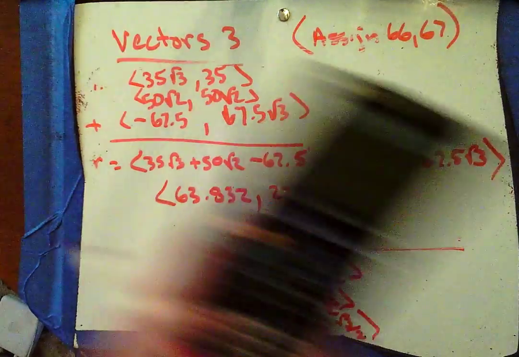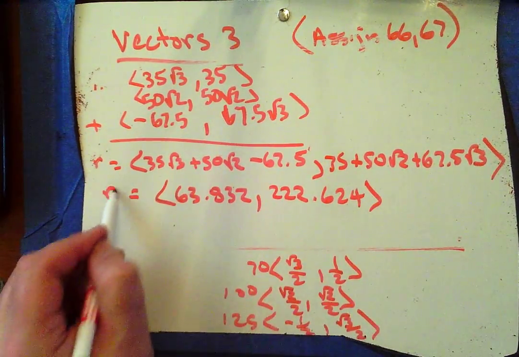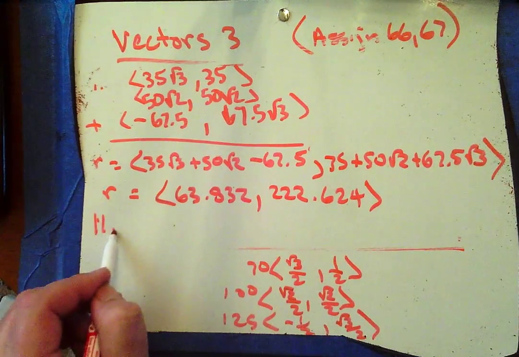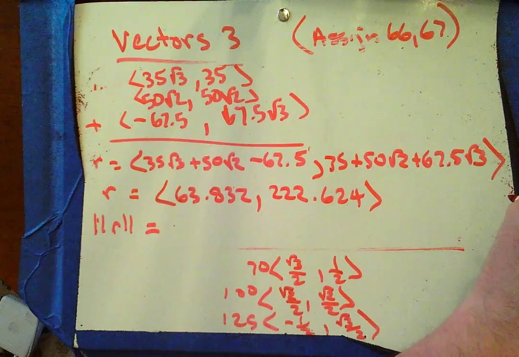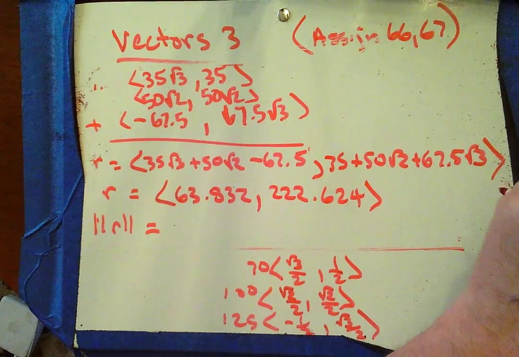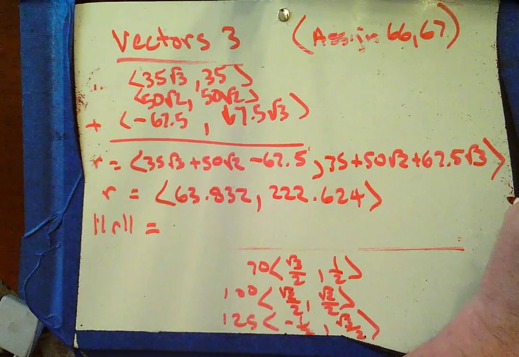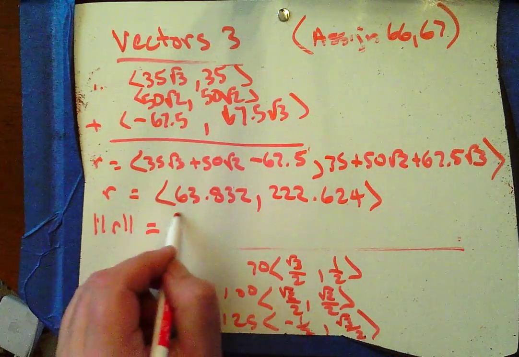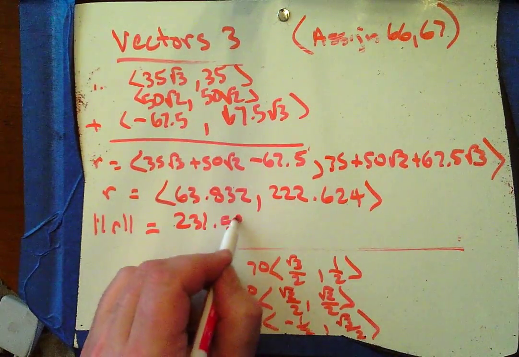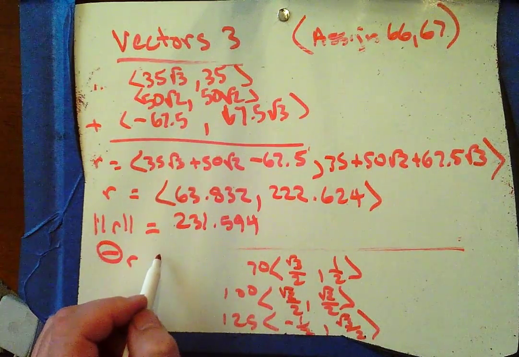Okay, so there's my component form of r. The magnitude of r is what I get when I use the Pythagorean theorem here. 63.832 squared plus 222.624 squared. Don't forget to take the square root of that. And I get 231.594.